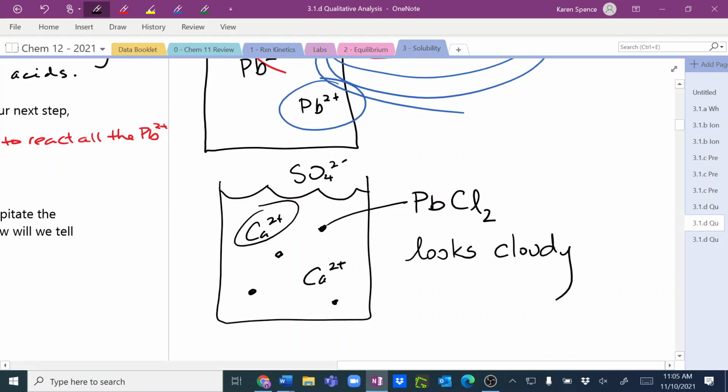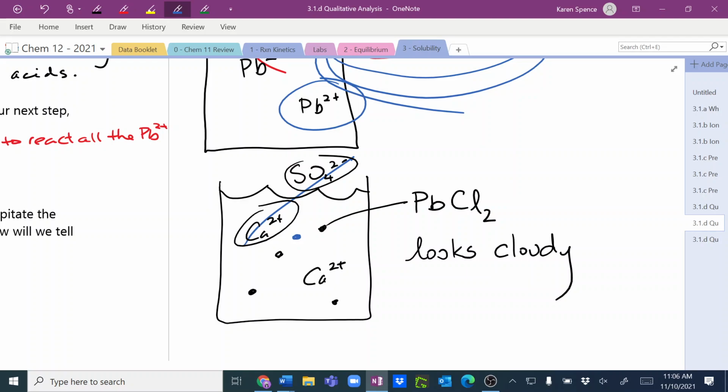These two get together and form a new precipitate. How could you tell if it's cloudy from the new precipitate or from the lead chloride? Is that a problem? It looks cloudy, and you add some more stuff, and it still looks cloudy. So that's a problem.